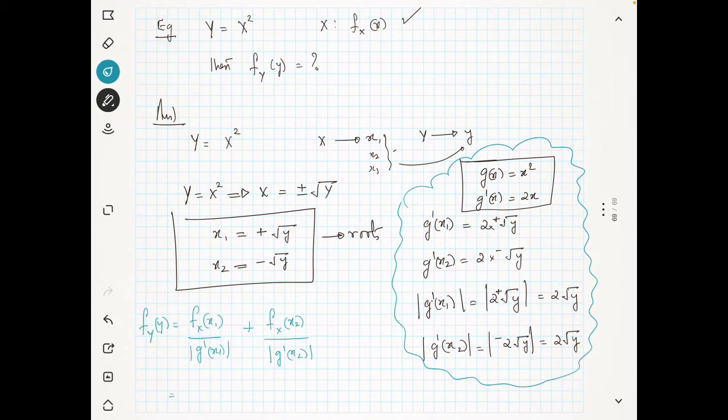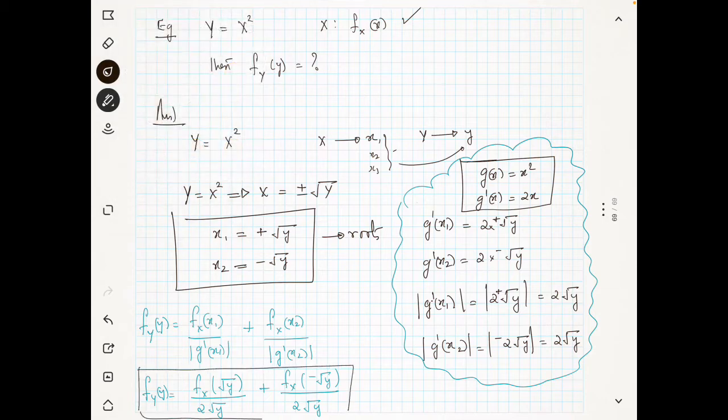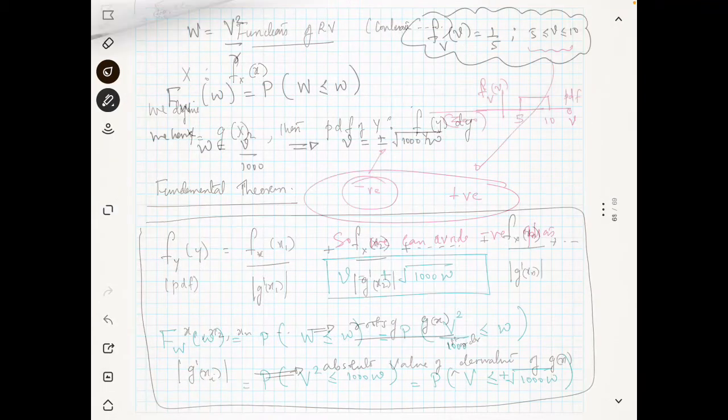This is fx of x1, where x1 is the square root of y, divided by 2 into square root of y, plus fx of x2, where x2 is minus square root of y, divided by 2 into square root of y again. So this is the PDF. It's very simple to obtain the PDF of y. We have seen the same thing before. I will show you.